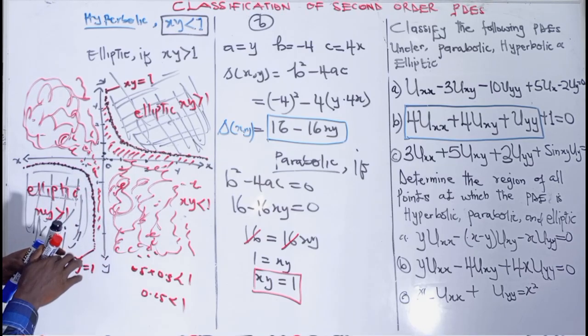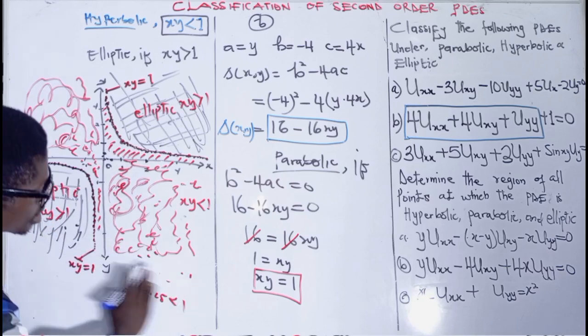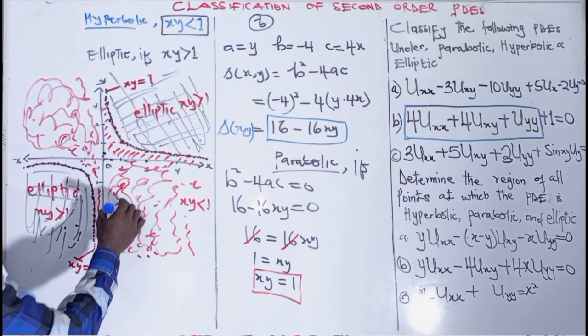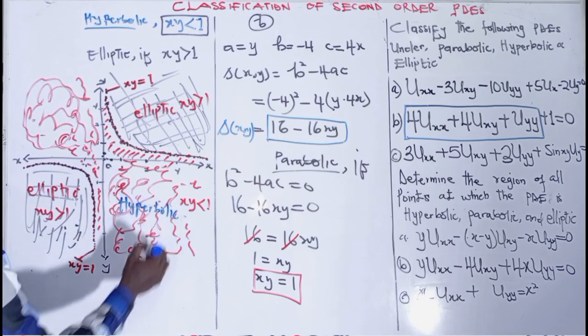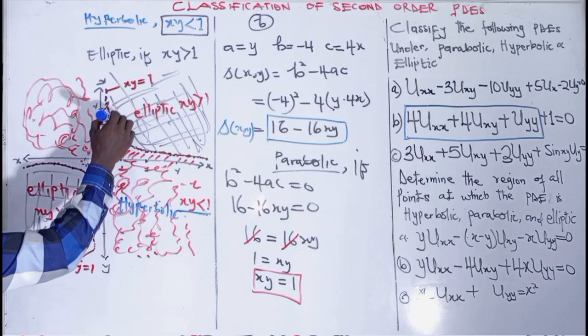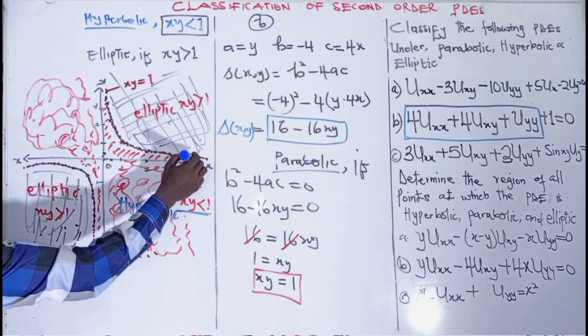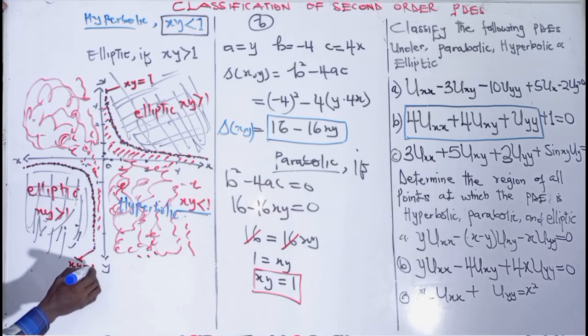And then this region is hyperbolic, with xy less than 1. And then this line is parabolic. So let me write it here.